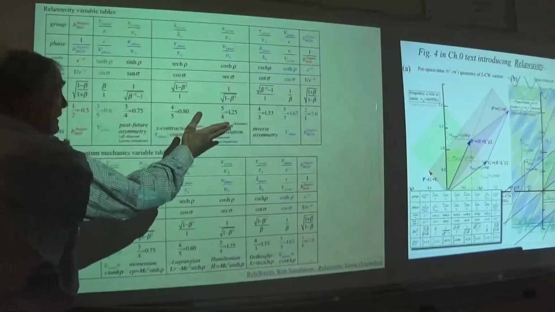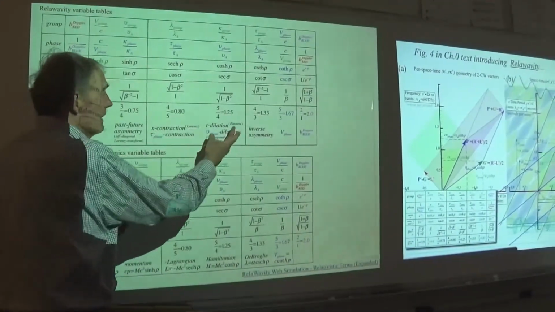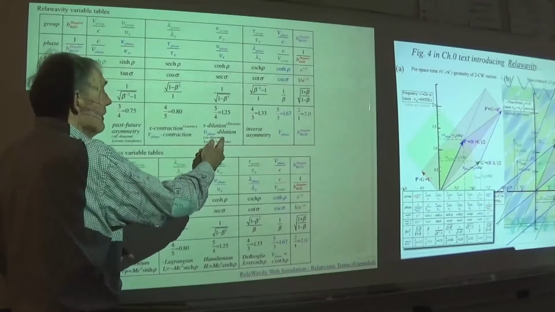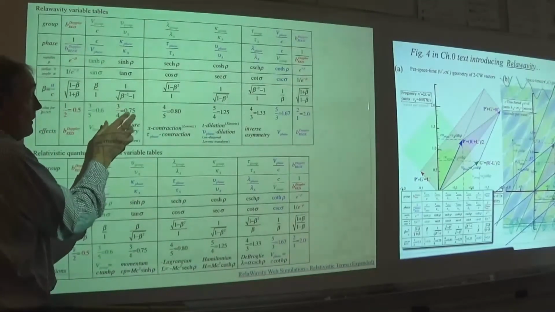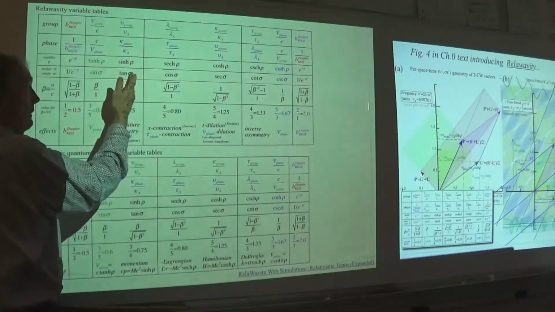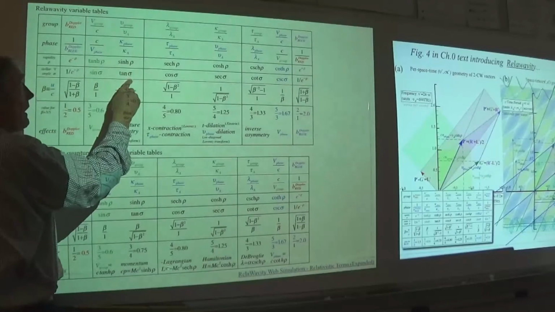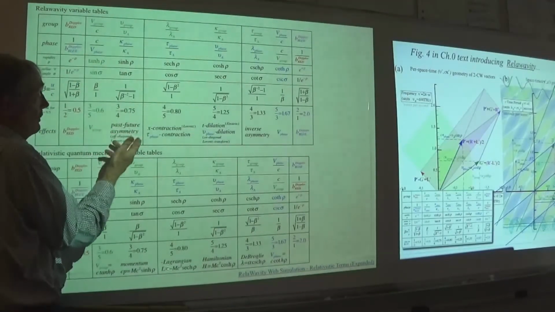So this table right here that has the Lorentz contraction and the Einstein dilation, we've been looking at in the last lecture, and then this one that's linear in the rapidity or the stellar aberration angle, the hyperbolic sine, that's the past-future asymmetry.